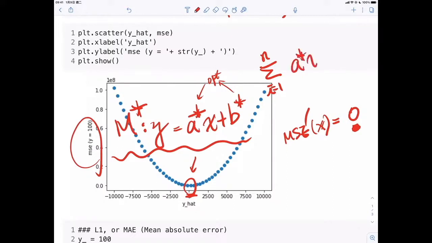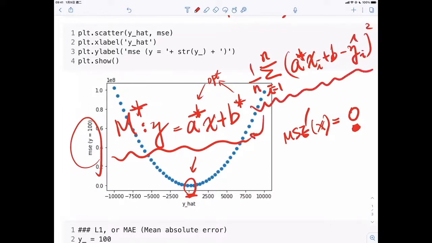A star xi plus b minus y hat star, squared. You can always find A star and B star. When you apply all the data, for example, 20 data points, as we showed you before, input all those 20 data points as xi: x1, y1, x2, y2, x3, up to x20, y20.